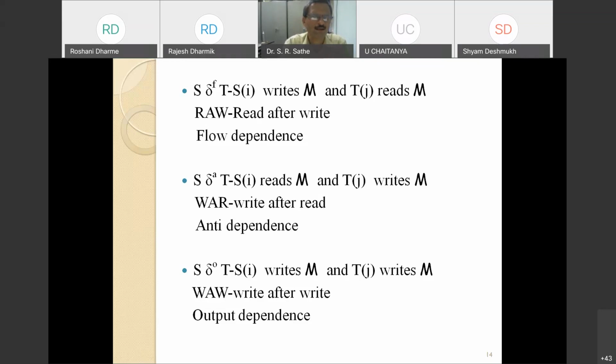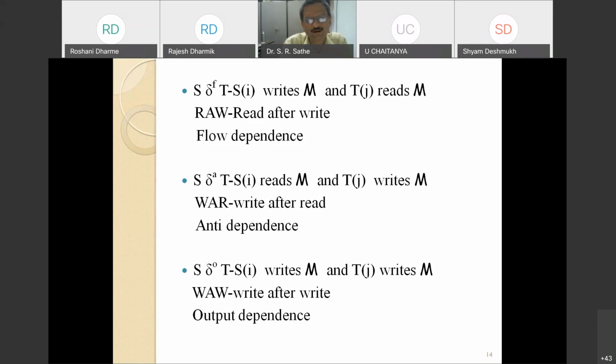So for example, S is writing I equal to 7, and this T is writing 10. So the final result will depend on the order, right? In the sequential execution, if 7 is written and then 10 is written, in parallel execution also, you should have 7 written first and 10 written later. The final value should be 10.